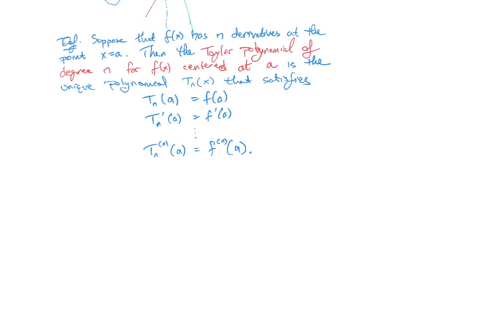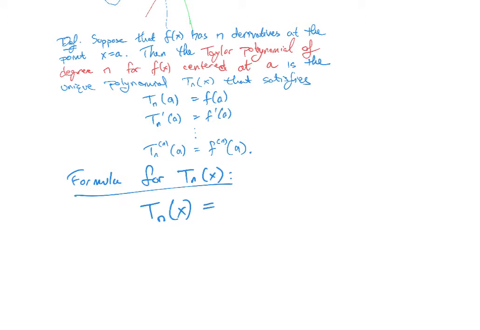So we have a really easy formula. Well, it depends on the definition of easy. I think this is a nice formula. The Taylor polynomial of degree n for f of x centered at a.